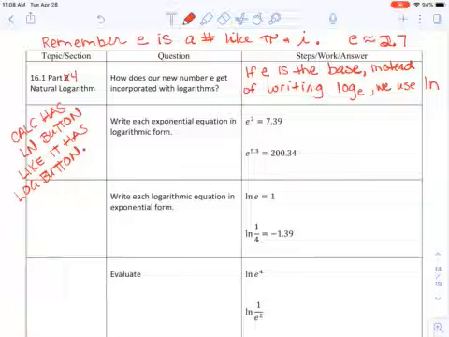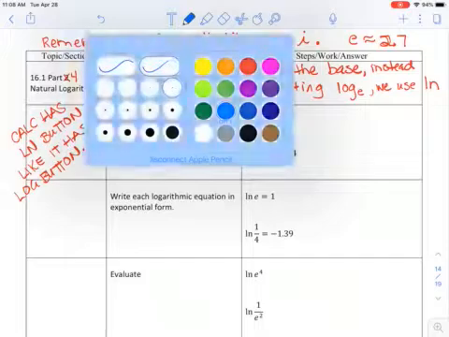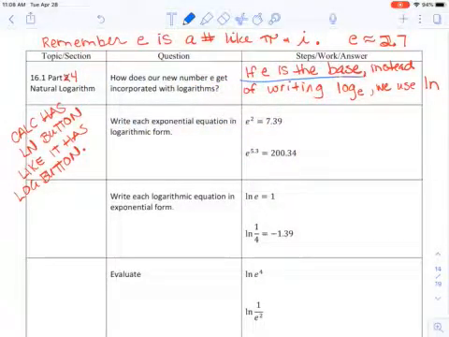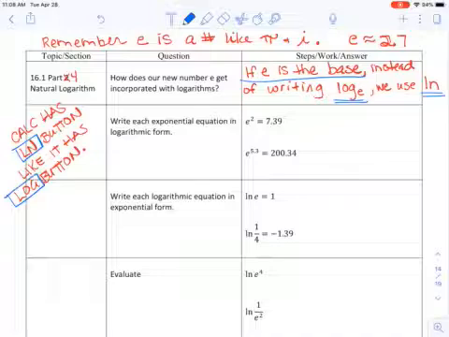If e is the base, we don't write log base e, we write ln. Your calculator actually has an ln button on it, just like it has a log button. So natural logs you can do on your calculator.